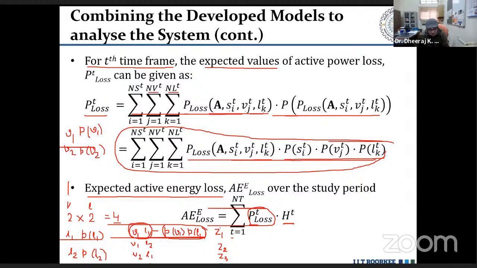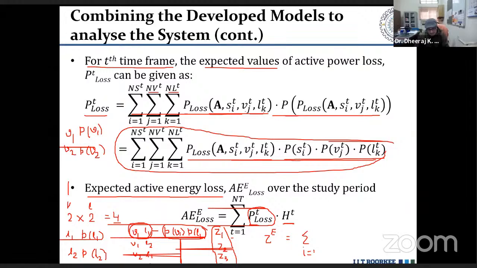Okay, so we have 4 possible values of Z, with different probabilities. What is the expected value of Z? That is given by summation i equal to 1 to 4, because we have 4 possible values of Z, Zi multiplied by the probability of Zi.